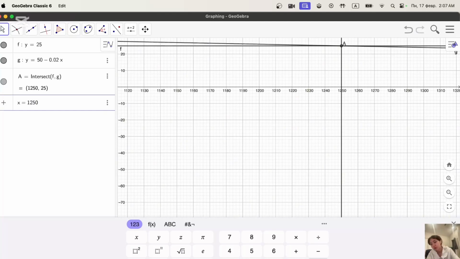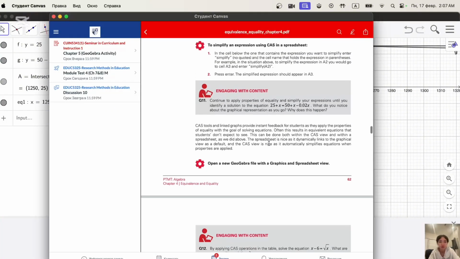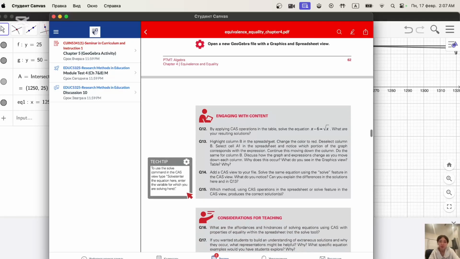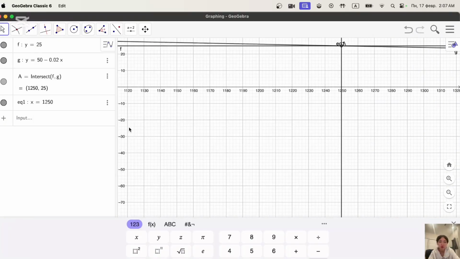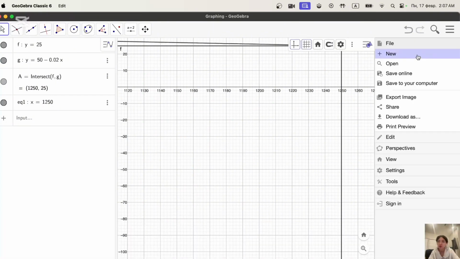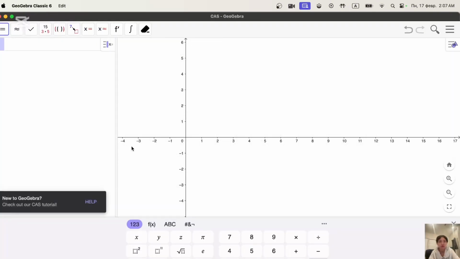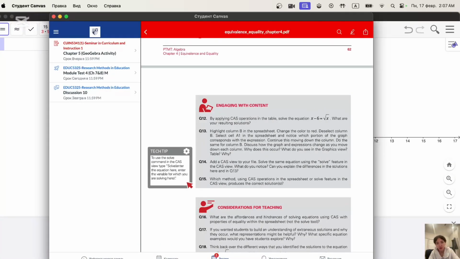Let's go to question 12. Now we need to open GeoGebra CAS view, and enter the equation.